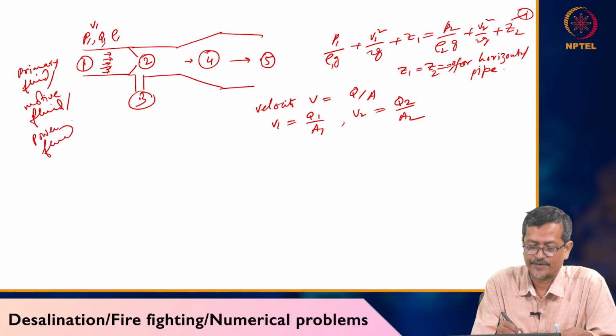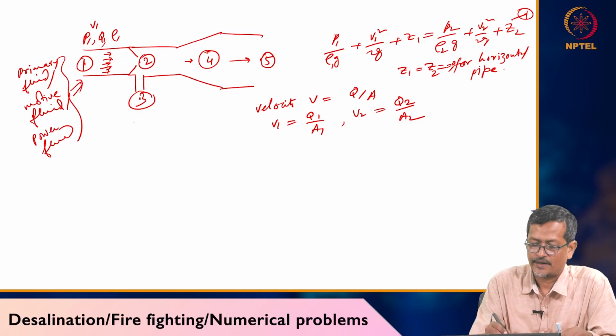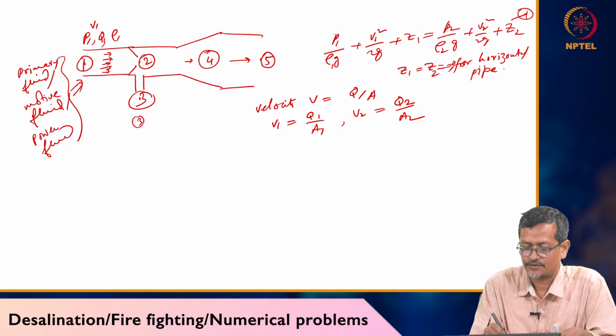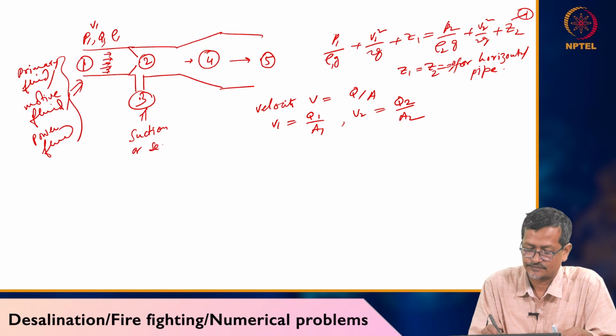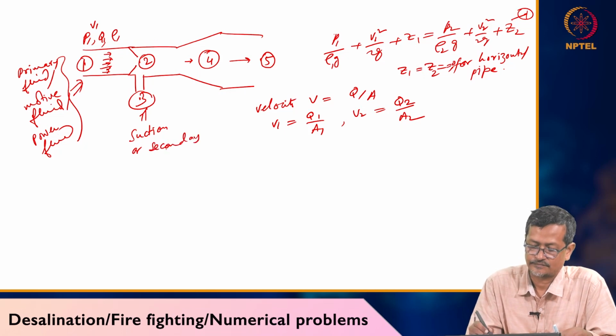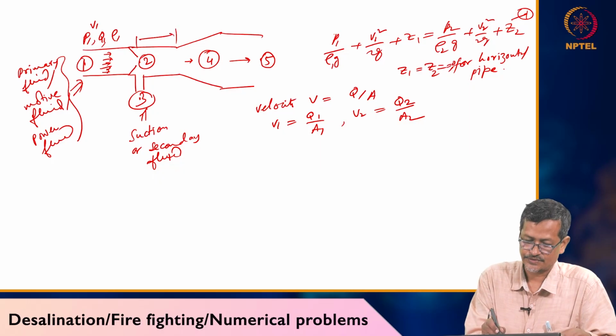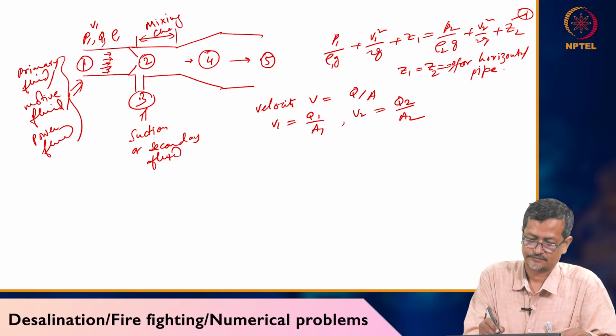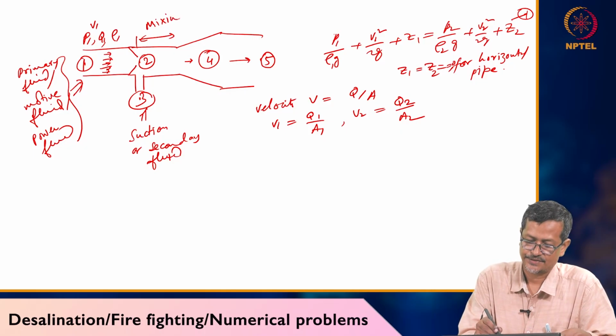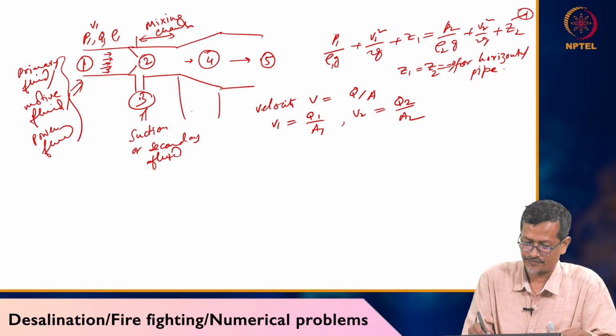The main pipe has the primary fluid, and at 3 it is called the suction fluid, or secondary fluid. After the venturi, this area is called the mixing chamber, and this area is called the diffuser.